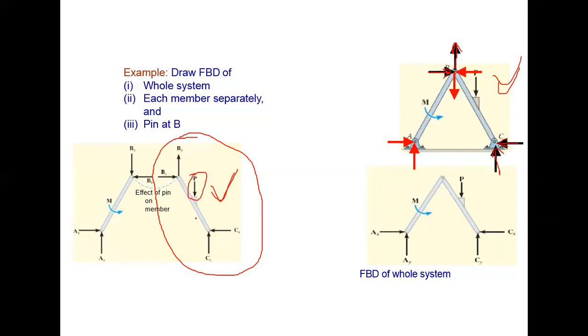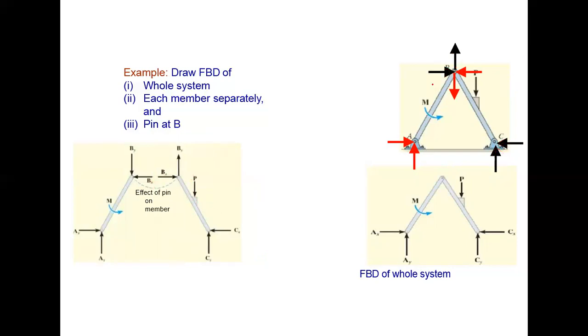Clear? Now you can easily draw the FBD of link AB as well. The reactions on link AB are shown with the help of red colored arrows. You just assign the red colored arrows on this link AB and you will get the FBD.